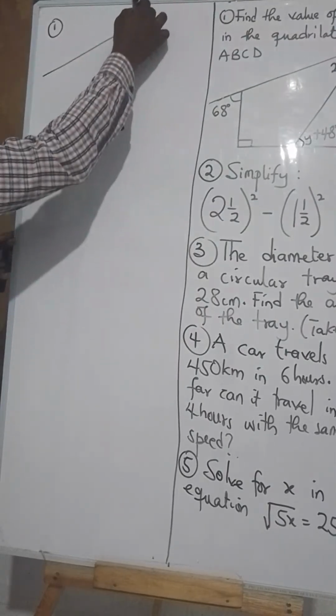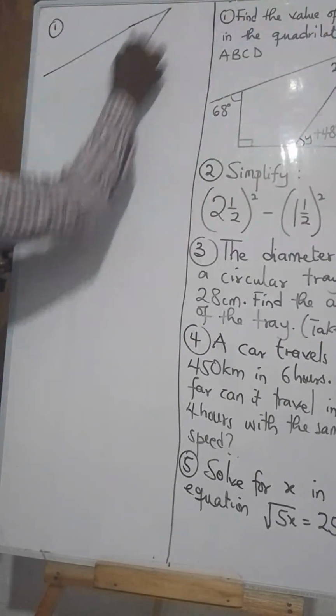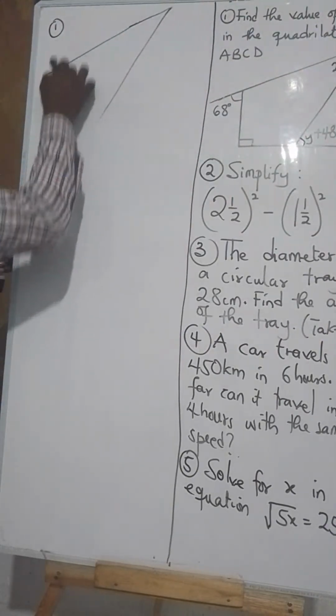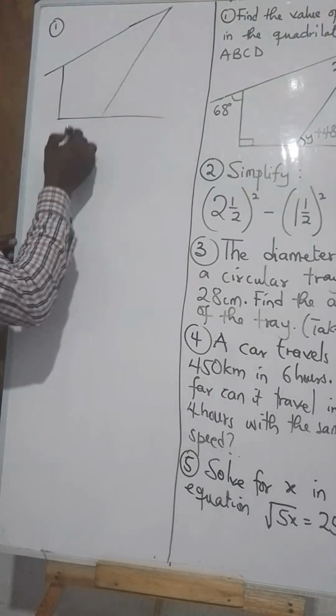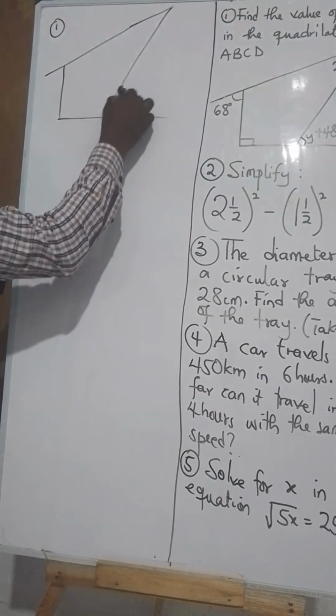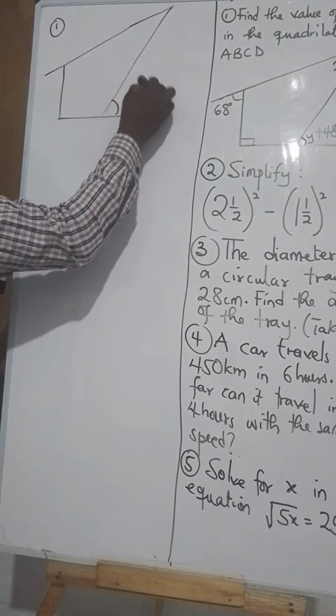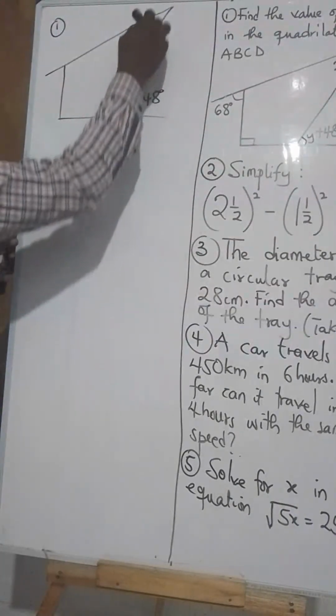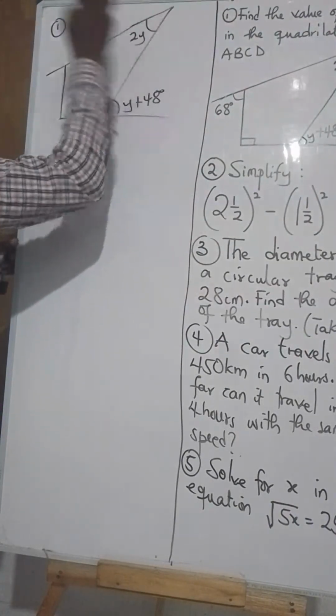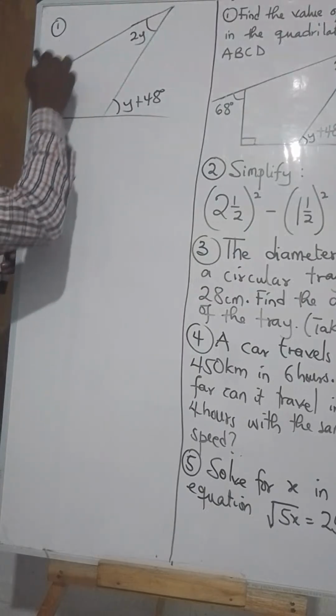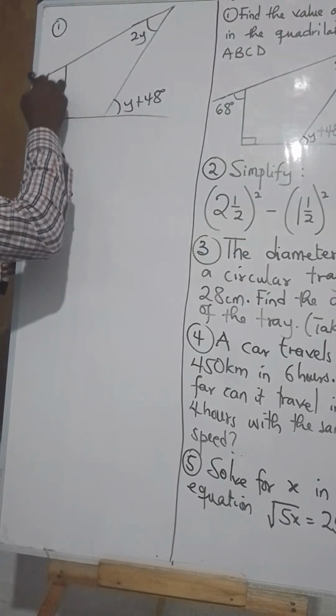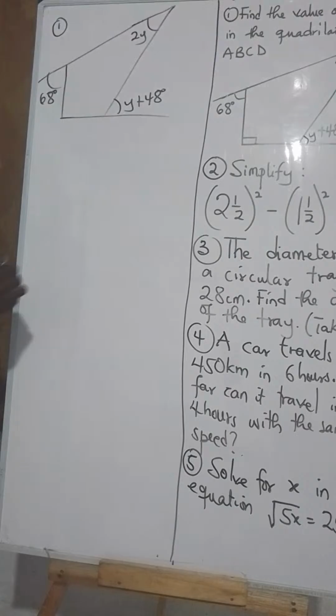We have a shape like this, where this place is a right angle. And here is y plus 48 degrees, and this is 2y. Then this place we have 68 degrees.